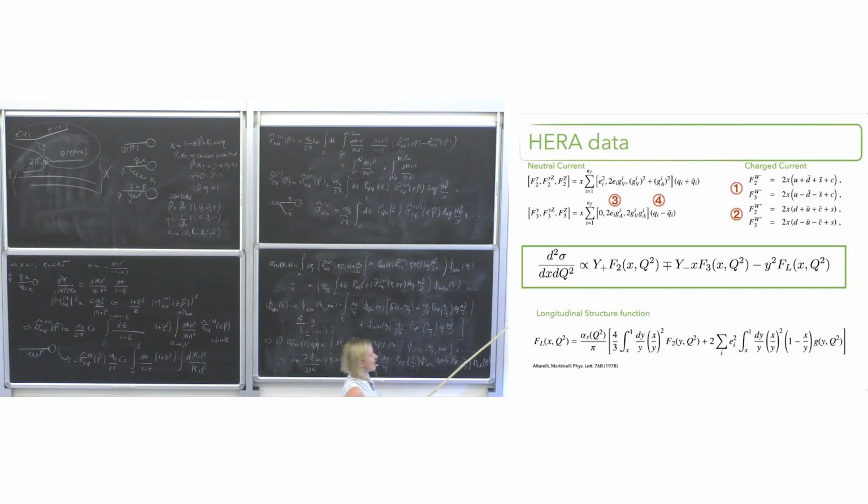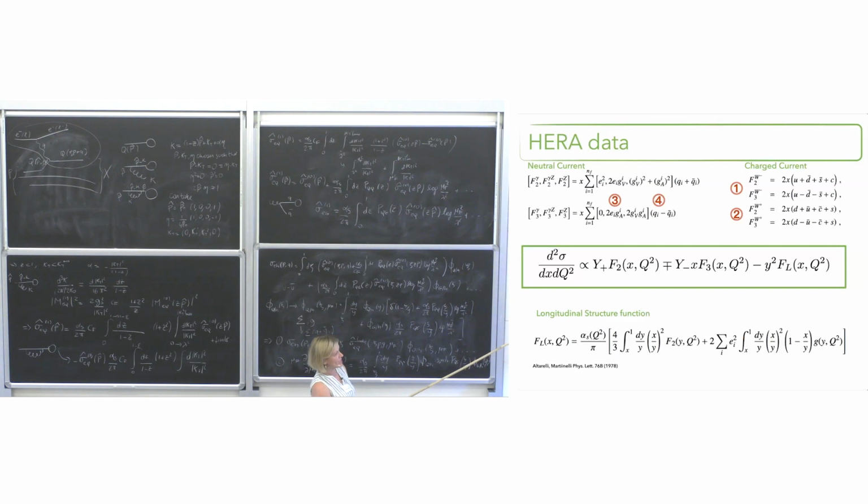So what they measure in most, it's a combination of F2 and the longitudinal structure function, which is something that starts at next to leading order, so you don't have it at leading order because it's F2 minus 2x F1, so it's 0 in the parton model. So this is the longitudinal component that you only have because you have QCD. So this is the kind of reduced cross-section that is measured by HERA.